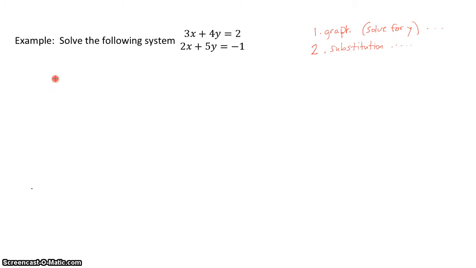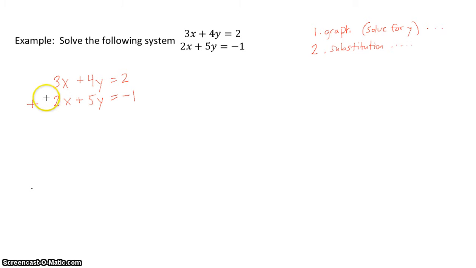So here's what I'm going to do. I'm going to use both properties that I just talked about, and create something that gives us a much simpler equation to solve. What I was saying before is that we can add or subtract these 2 equations.